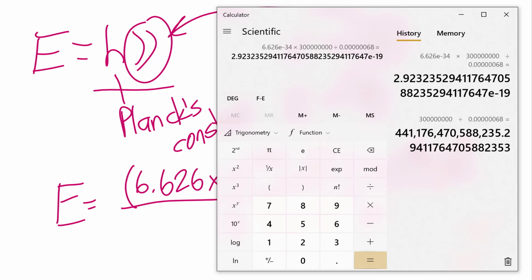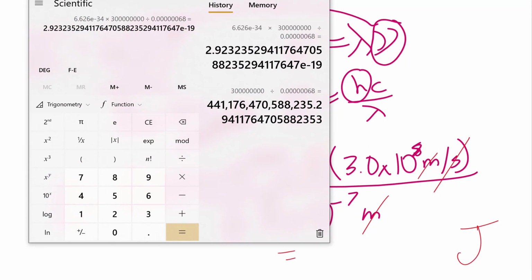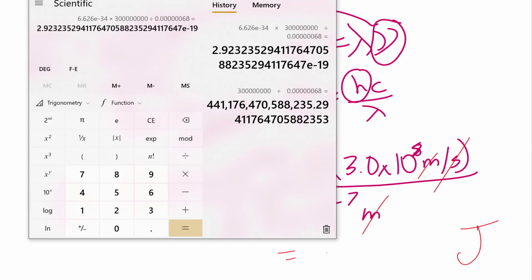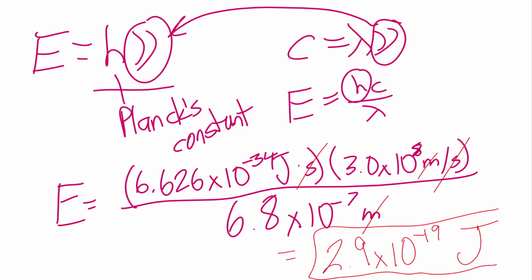It's already in scientific notation. I'm going to write my answer down. And the answer is 2.9 times 10 to the negative 19 joules. And that's how you calculate energy from wavelength.